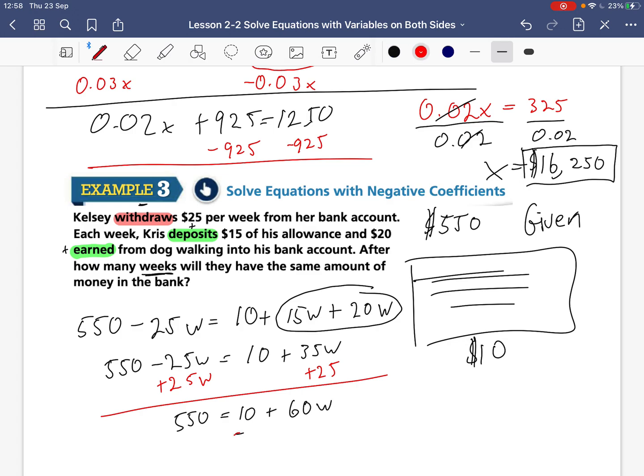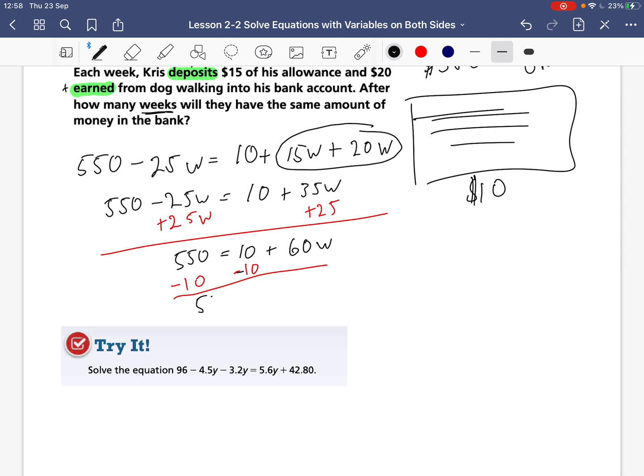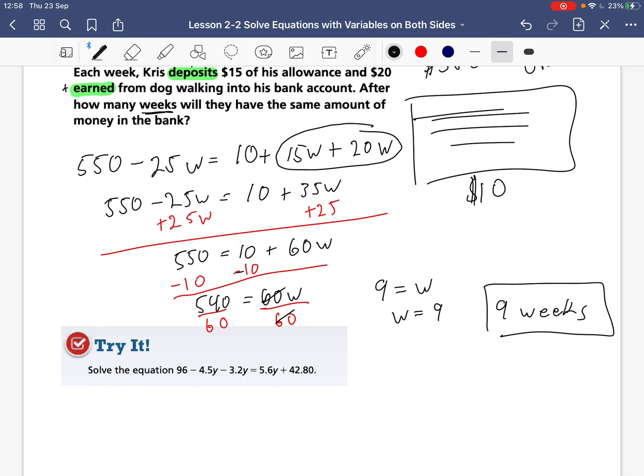Subtract 10 from both sides. So we have 540 equals 60W. Divide both sides by 60. 540 divided by 60 gives us 9 equals W. So W equals 9. So 9 weeks. And you could check this by substituting this back into your equation.